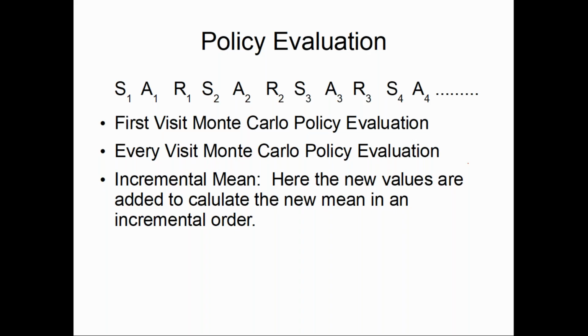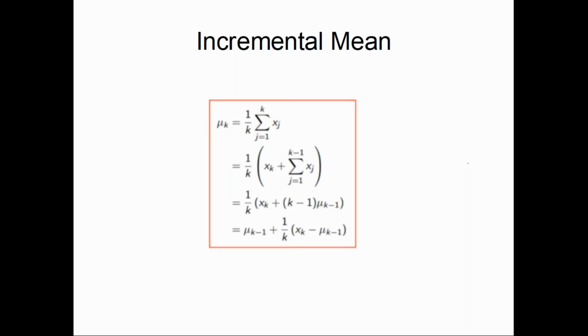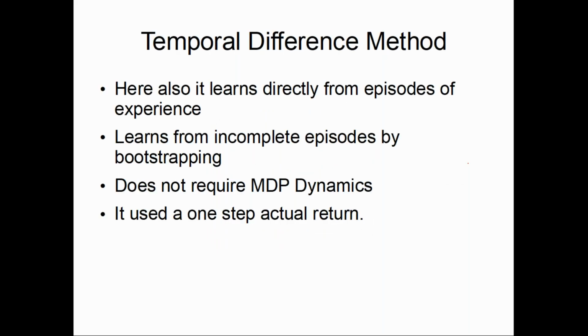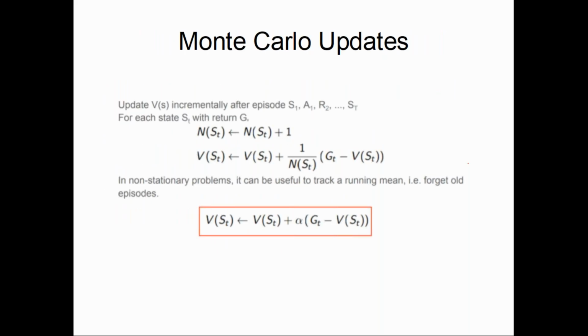That is when first visit and every visit come in. Because every visit comes, we talk about average, incremental average, incremental mean. Then how do we update and calculate the state values? Here we find out the state values, but when it comes to the action to be taken, we use a greedy action here also.